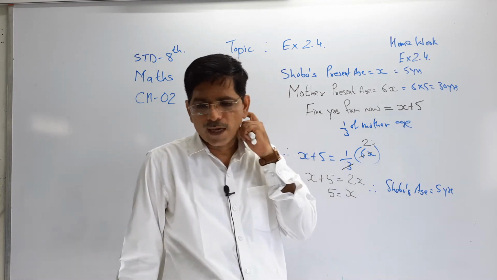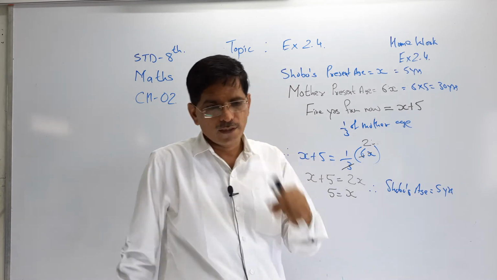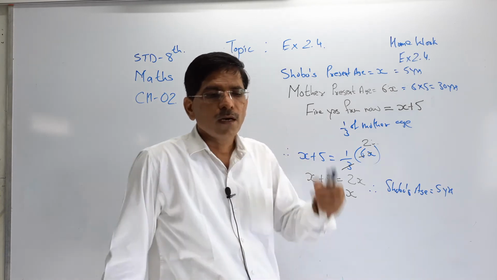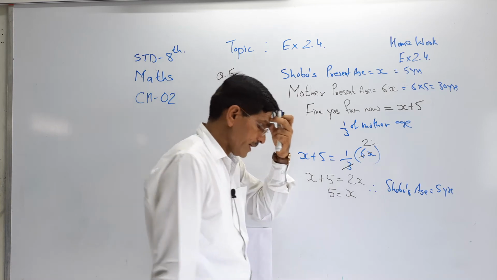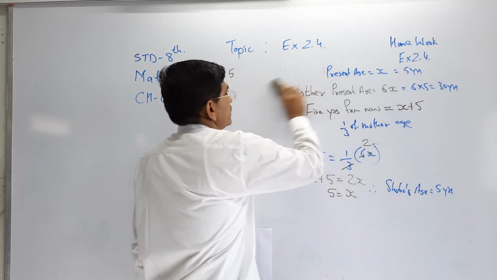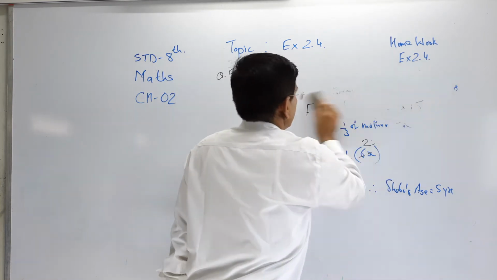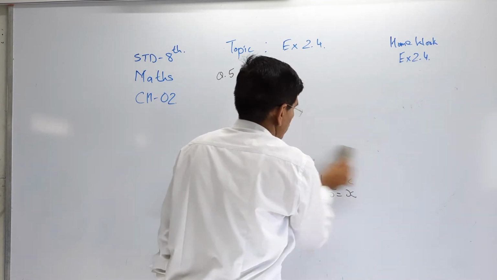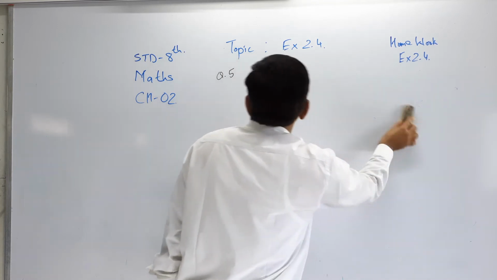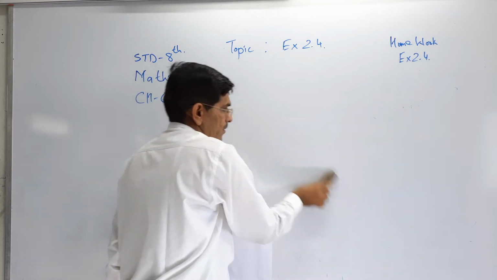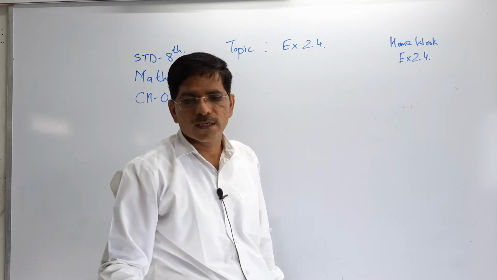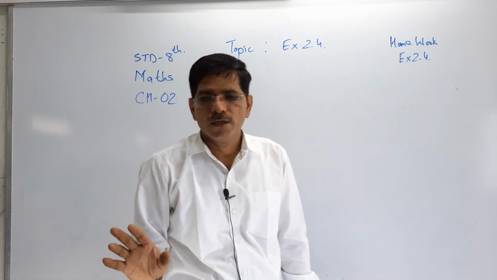So now we are doing the 9th sum. Again I say to you, you have to try to solve the sums. The sums which are easy or easily understandable, that we are doing.